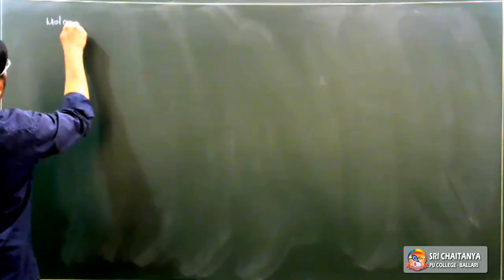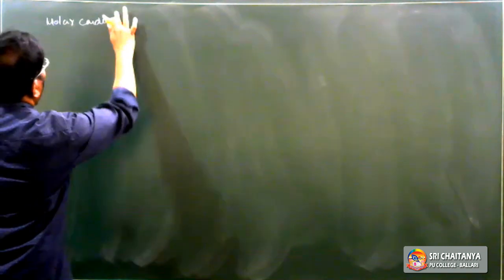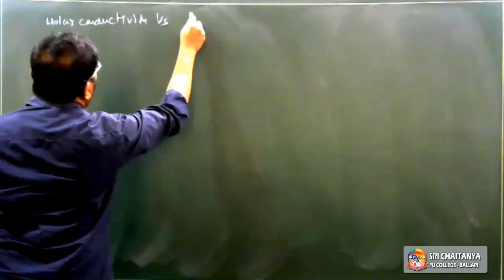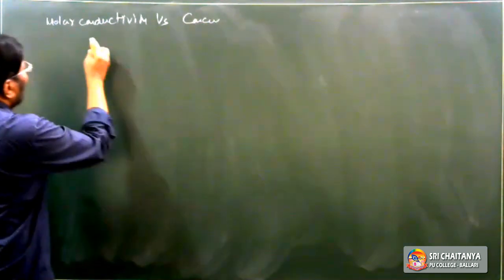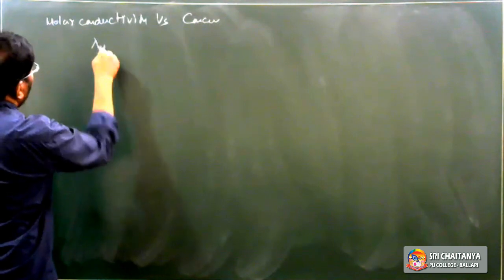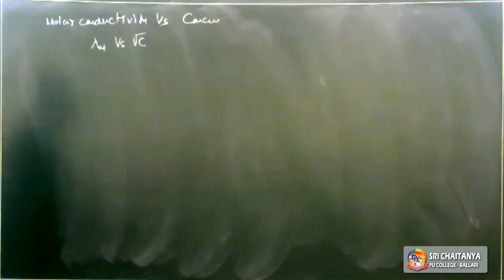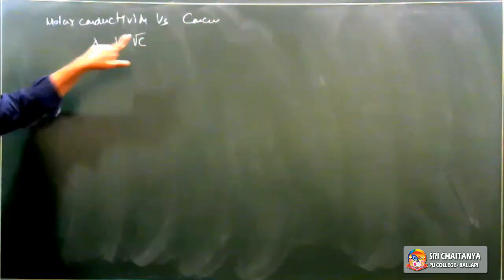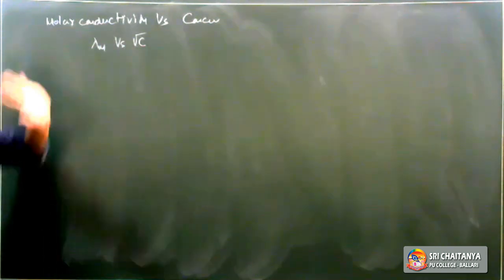See the molar conductivity versus concentration. So here, how do they take lambda m versus root c? They take root c because after so many observations, they observed the relation is like this versus root c.